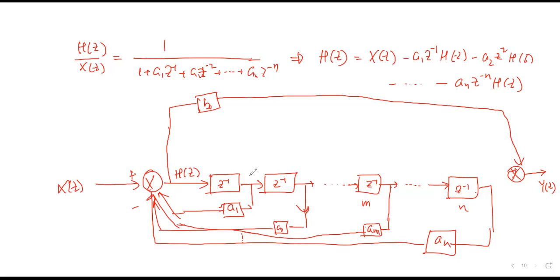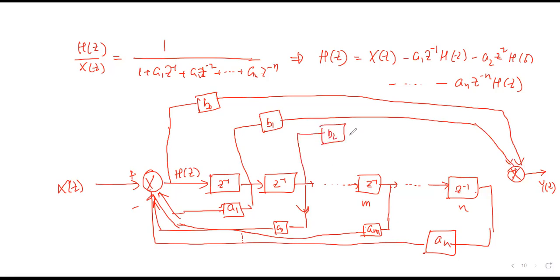Then the delayed one will be multiplied with b1, the next one with b2, and finally it will go up to bm.